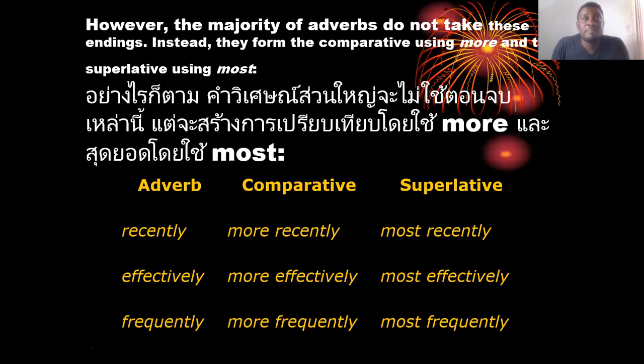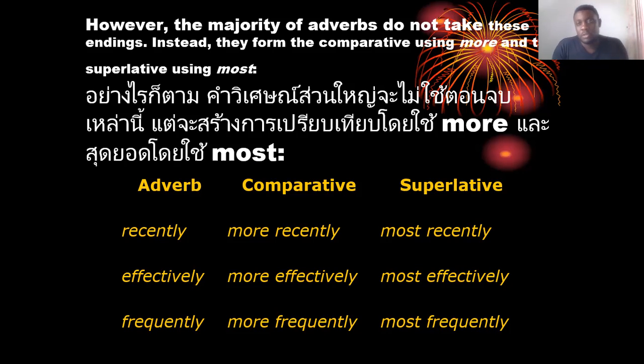However, the majority of adverbs do not take these endings. Instead, they form the comparative using more and the superlative using most. So what they're saying here is sometimes you don't need to add er, you just need to add more or most at the front.